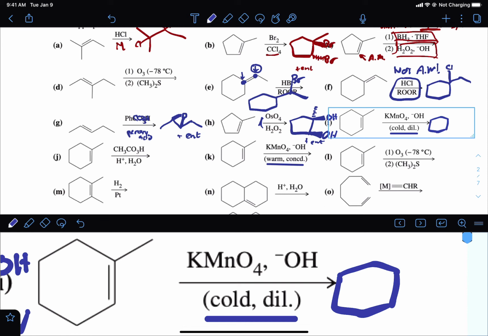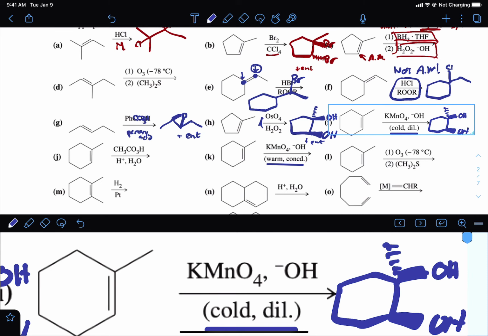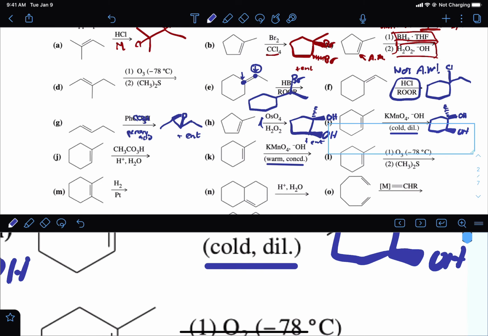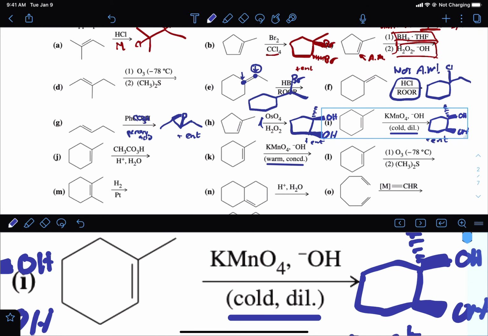So syn diols. In this case, that's going to push the methyl group down because I put the OHs up. You could also flip the wedges and the dashes and get the enantiomer. Okay. So syn diols from either OsO4 with H2O2 or KMnO4 cold.